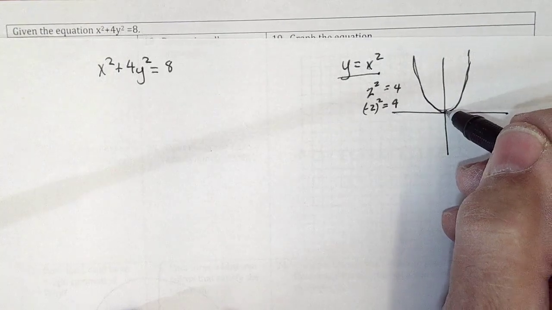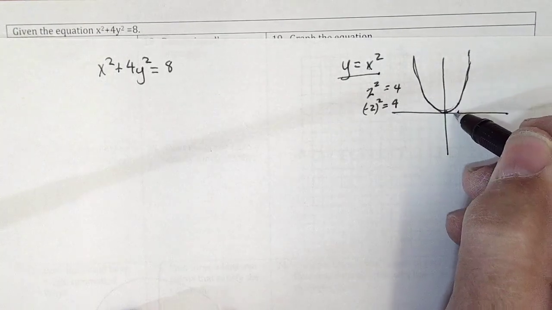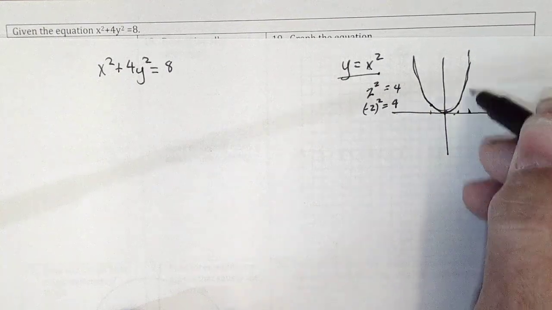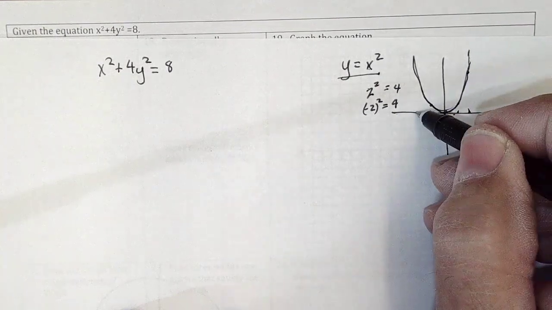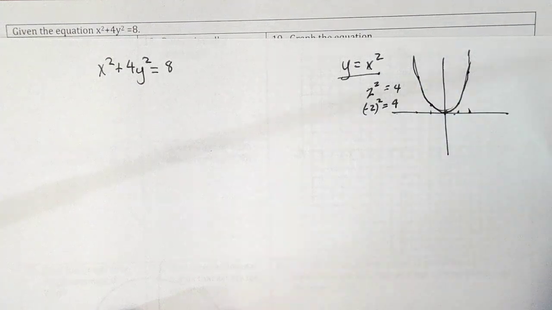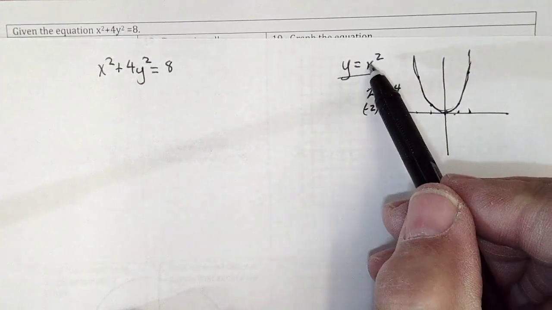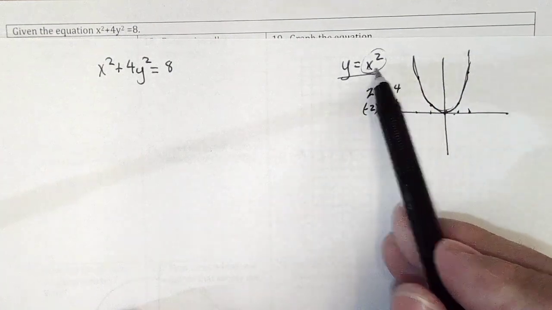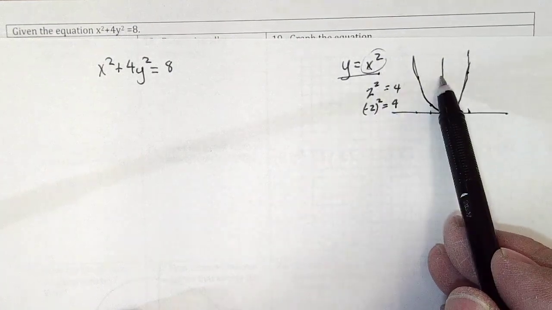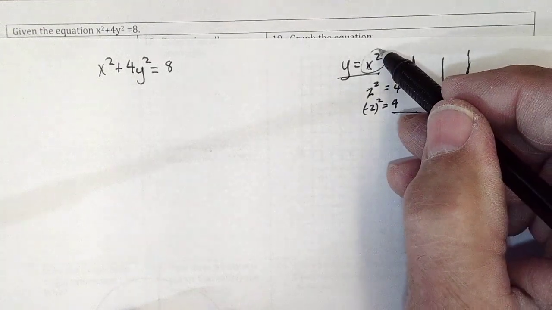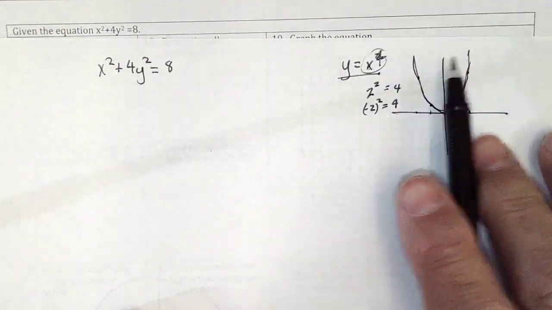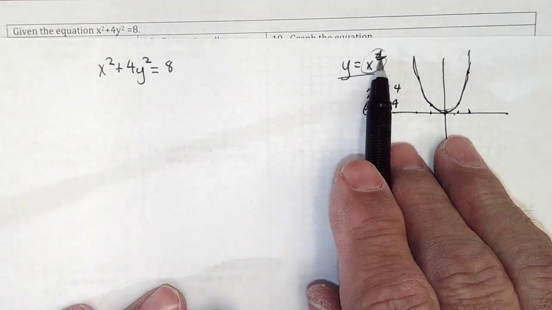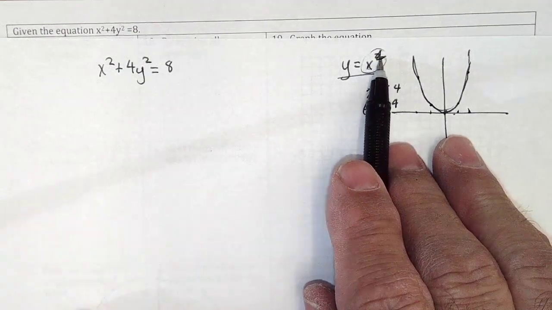So it does the same for positive x's as it does for negative x's. Positive 2 gives me 4. Negative 2 gives me 4. So, because this is squared, it's got to be symmetric with the y-axis. If it was to the 4th power, it would have to be symmetric to the y-axis, because positive and negatives to the 4th always turn out to be positive.